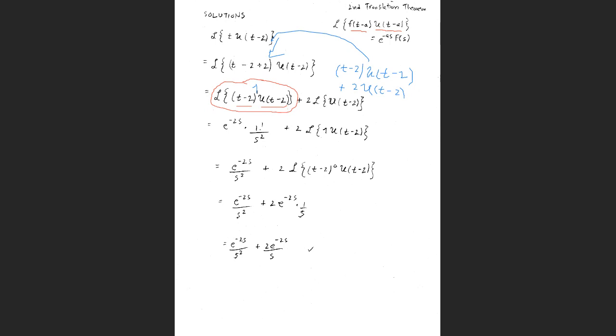Well, t minus 2 is like t minus 2 to the first power. So the function is just equal to t. And so the Laplace transform of t to the first power is 1 factorial over s squared, and then e to the negative 2s is in front because a equals 2.